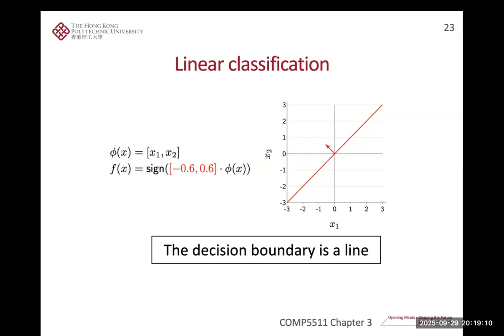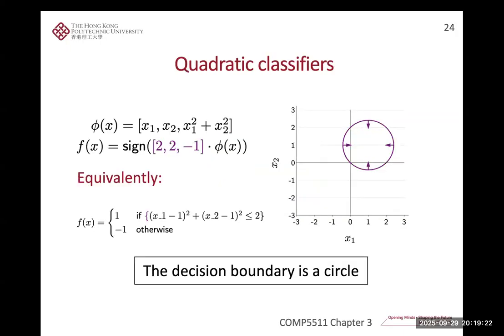So what we want to discuss here is how to design the classification decision boundary to deal with nonlinear features. Here we can form a circle decision boundary by simply adding one term, x1 squared plus x2 squared, into the feature extractor.